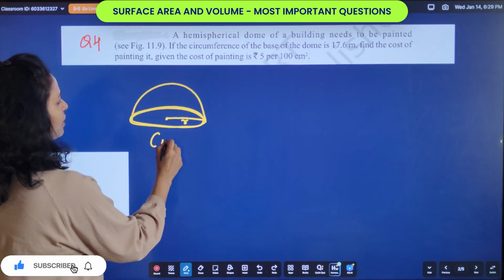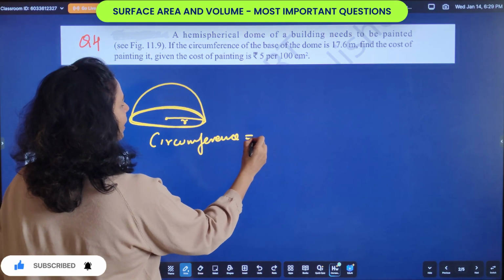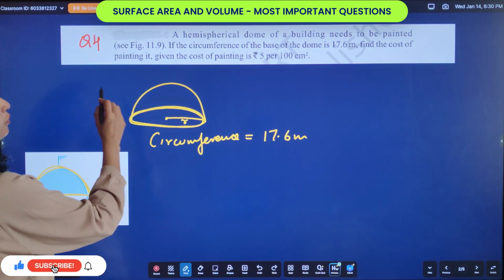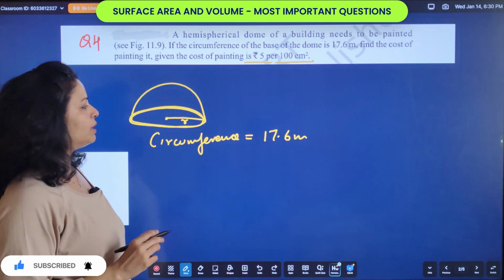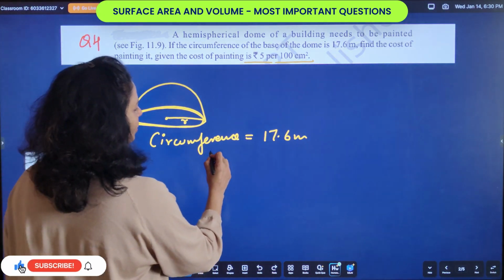The circumference they have given as 17.6 meter. They are asking you to find the cost of painting if the cost is rupees 5 per 100 centimeter square. So first, they have given the circumference to find out the radius.